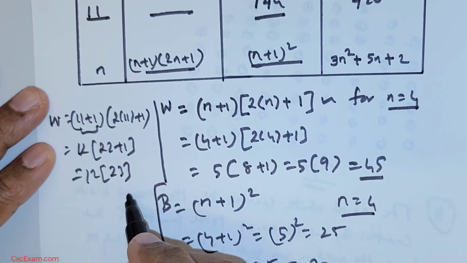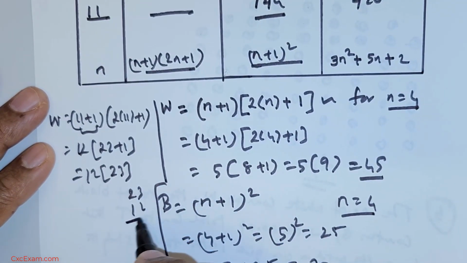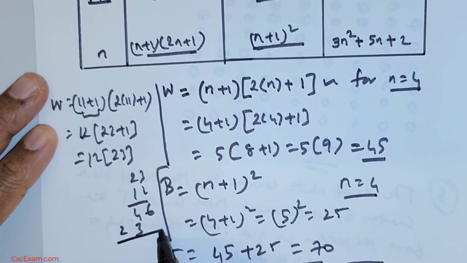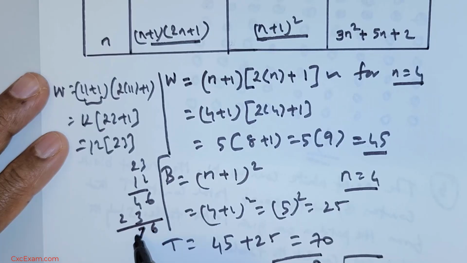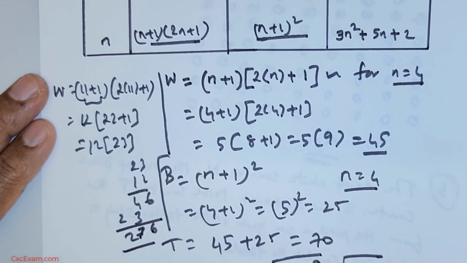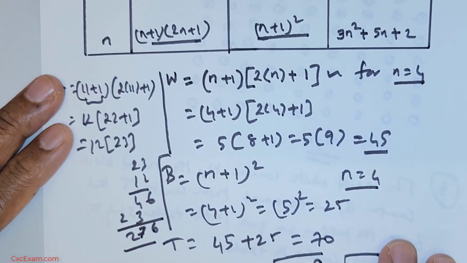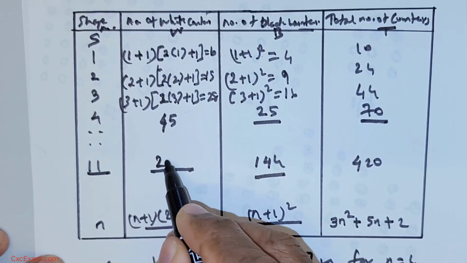So we need to multiply 23 with 12. So what do you get? 2 times 3 is 6, 2 times 2 is 4, 1 times 3 is 3, 1 times 2 is 2. This is 6, 7 and 2. 276 is the value. Okay. So substitute the value 276.